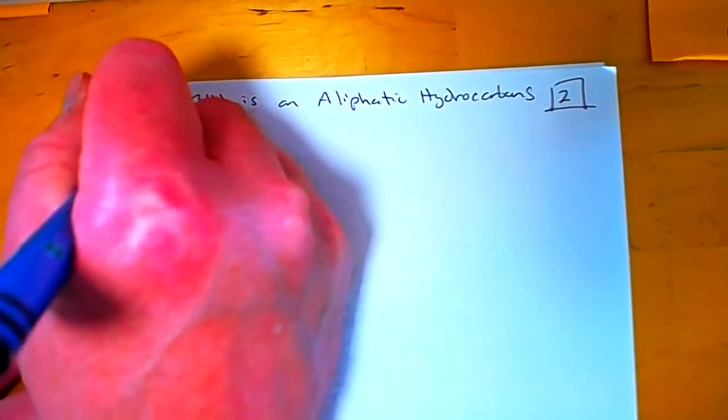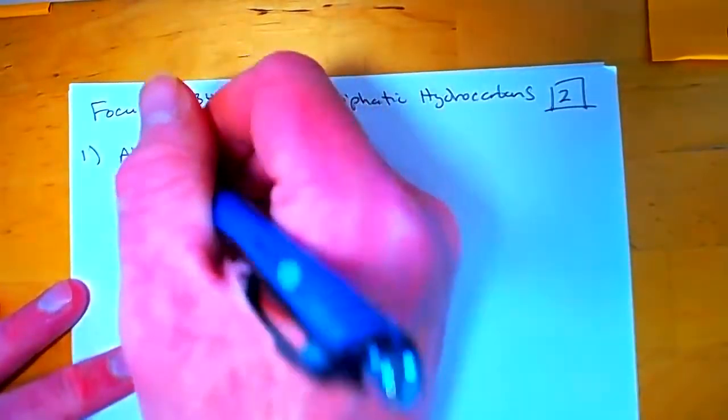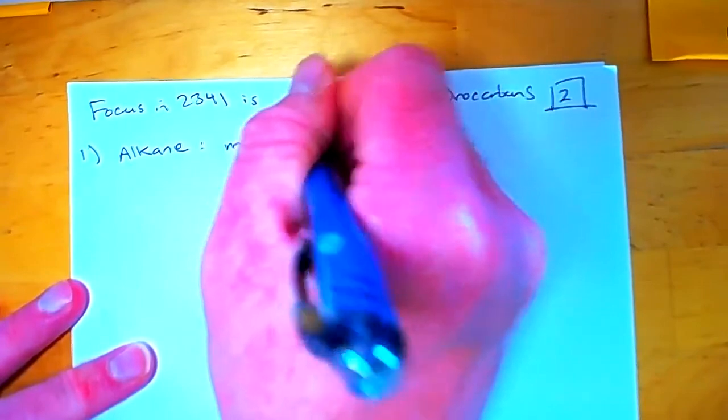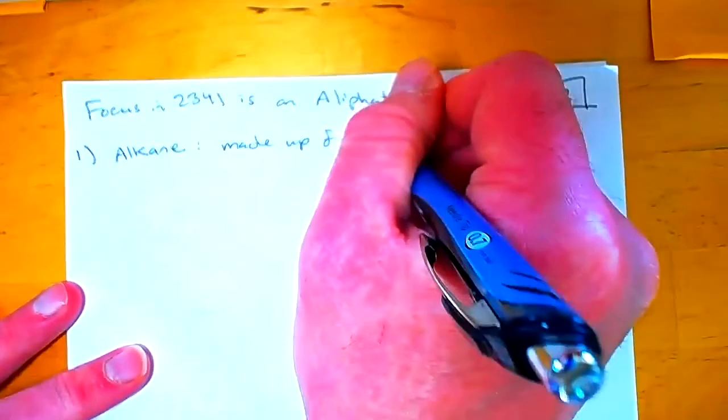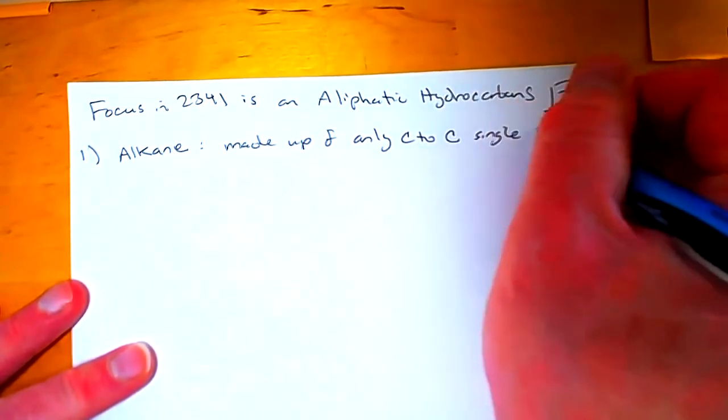Okay, so number 1, the first family of aliphatic hydrocarbons is something that's known as an alkane. Alkanes are made up of only carbon-to-carbon single bonds.